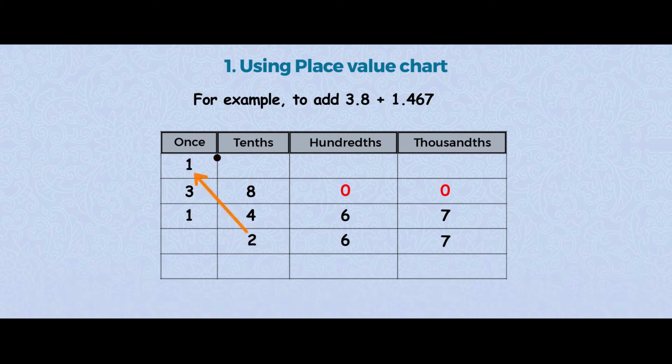So that makes 1 ones. So 3 plus 1 gives you 4. And then when you regroup with the 1 that we have brought from the tenth column will give you 5. So the sum of 3.8 plus 1.467 is equal to 5.267.